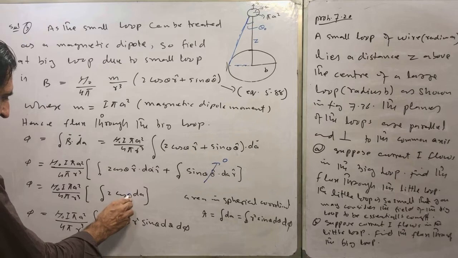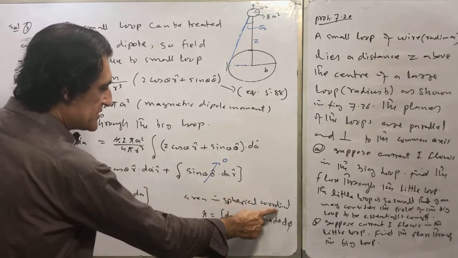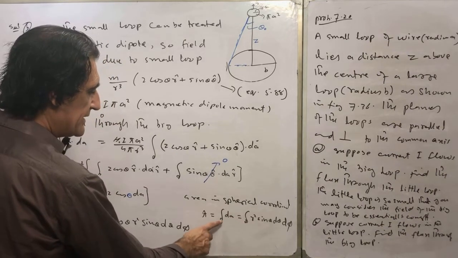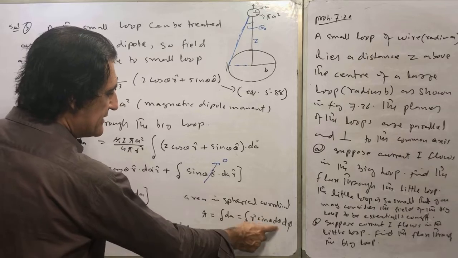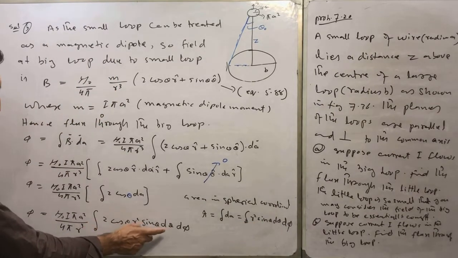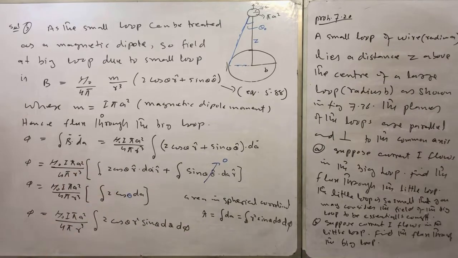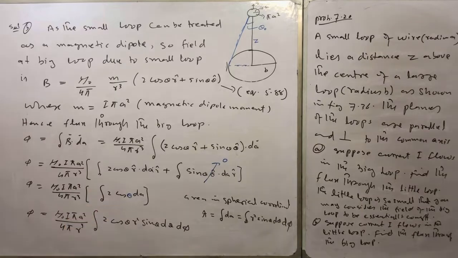Here dA, the area in spherical coordinates, we must write as r square sine theta d theta d phi. Then 2 cos theta r square sine theta d theta d phi, and further we have to calculate this equation.